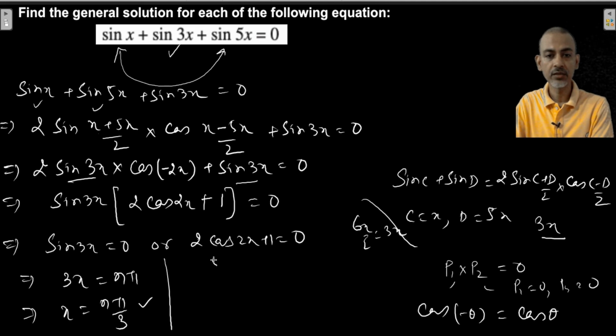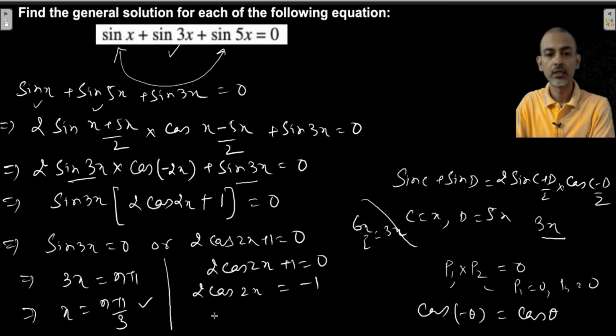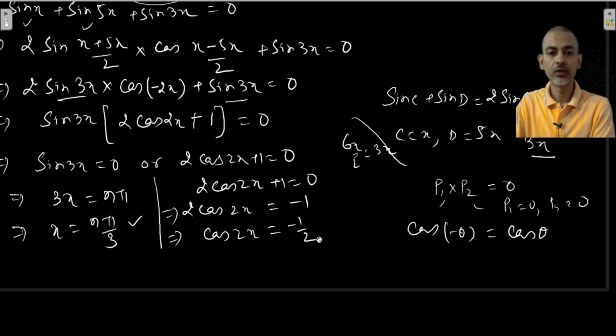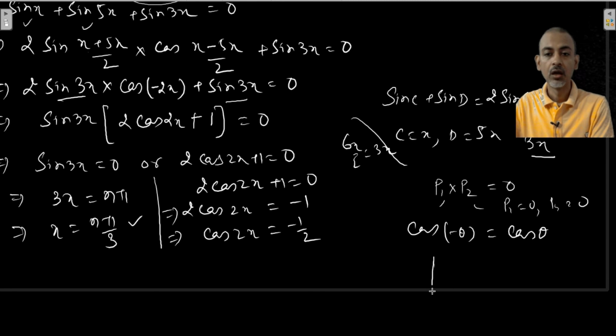In the other case, we have 2 cos 2x plus 1 equals 0. This means 2 cos 2x equals minus 1, which means cos of 2x equals minus 1 by 2. Now we know that cos theta is negative in which quadrants? In the second and third quadrants, cos theta is negative, right?